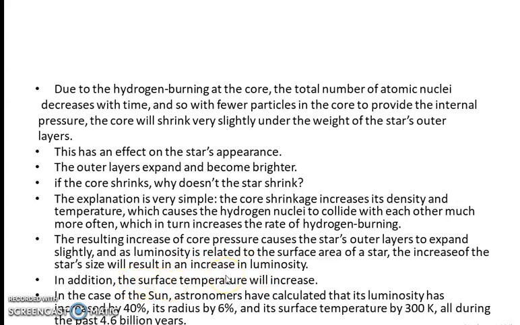So the core temperature increases, the surface temperature increases, so luminosity again increases. For example, in the case of the Sun, astronomers have calculated that the luminosity has increased by 40%, radius by 6%, and surface temperature by 300 Kelvin during the past 4.6 billion years.